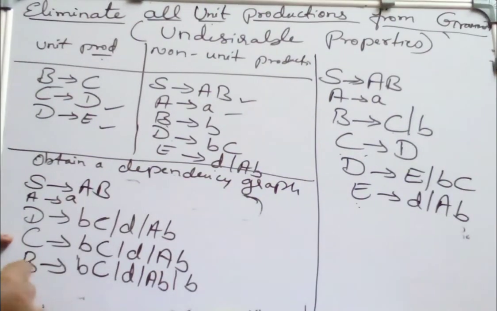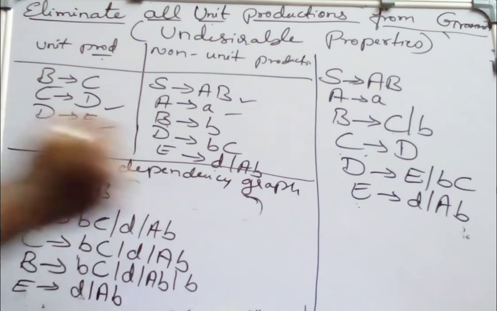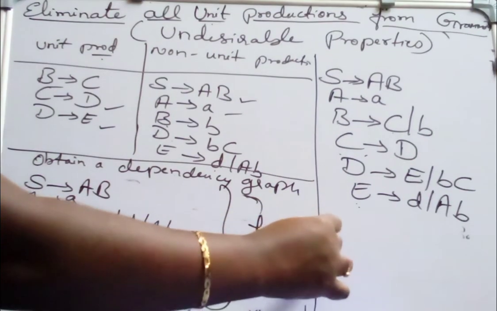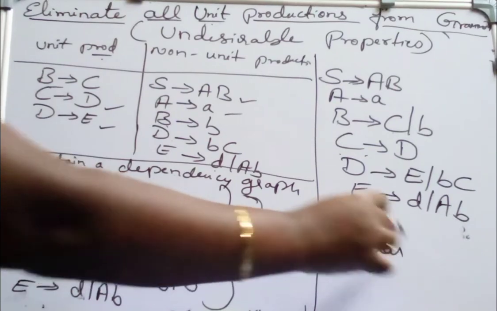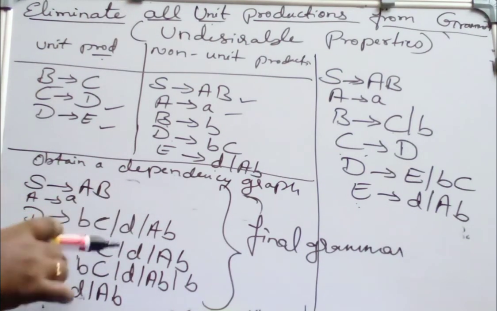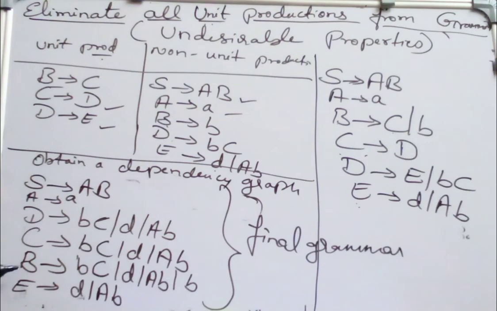Then E is a non-unit production: E derives D or AB. So this is the final grammar we got after removing the unit productions. Here the number of productions also increased for B, C and D after removing the unit productions. Hope you have understood.